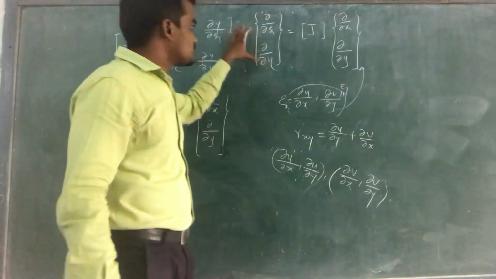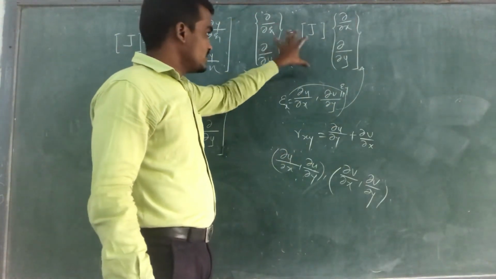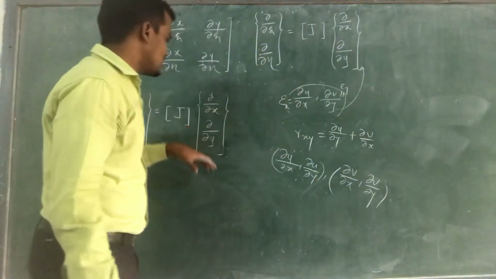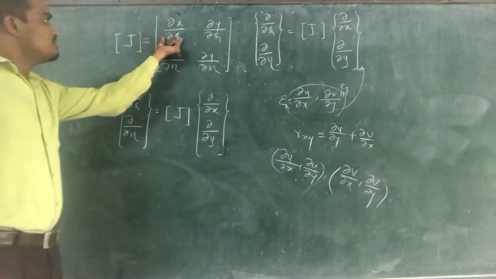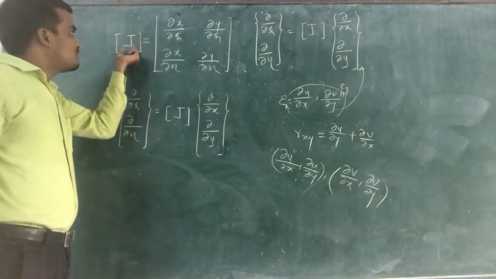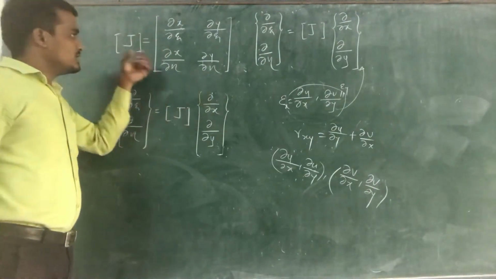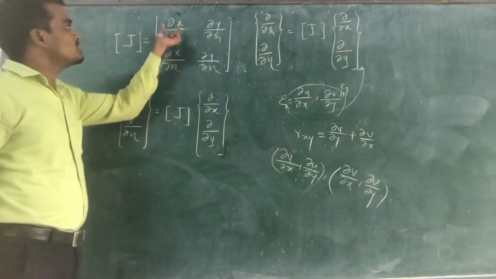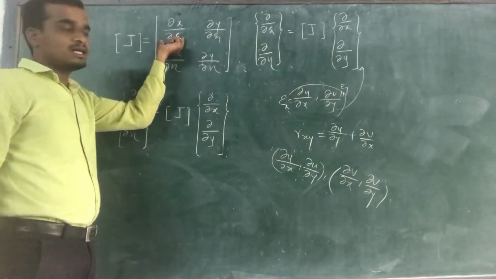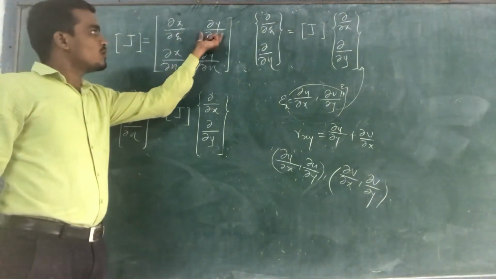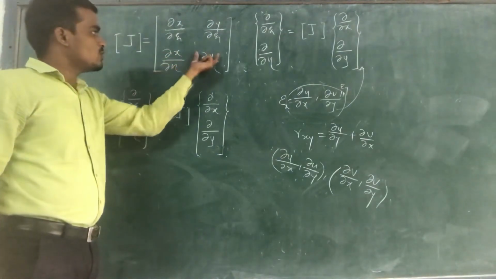Okay, so I will just put this equation here only and I will now explain how to determine the first term of the Jacobian matrix. For your numerical purpose, here I will explain only how to determine ∂x/∂ζ. In a similar way, you can determine ∂y/∂ζ, ∂x/∂η and ∂y/∂η.